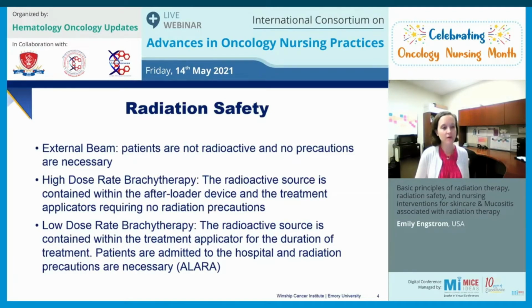When we do that, those seeds are left there for life. They never come out, they stay with the patient. They will decay over time, and so the patient does have some radioactivity, and we teach the patient and the family about that up front when they go home. They can go home, but there are some precautions they need to follow.